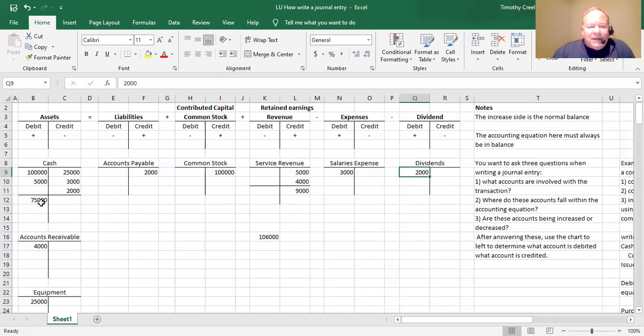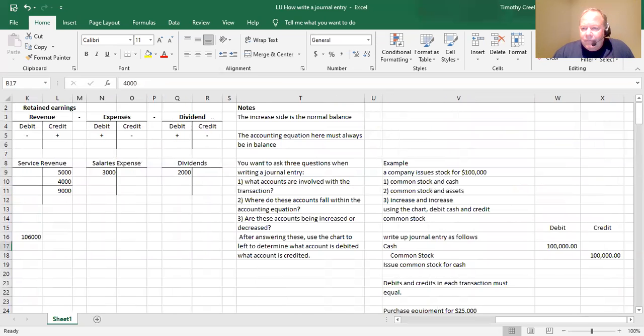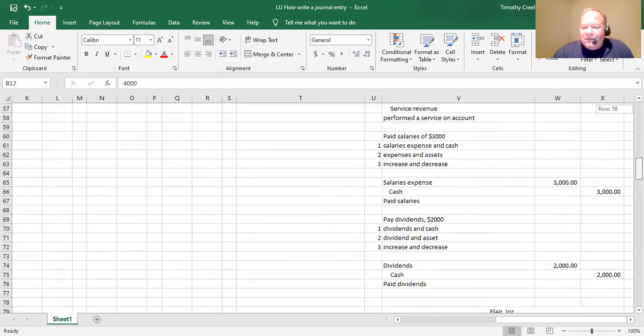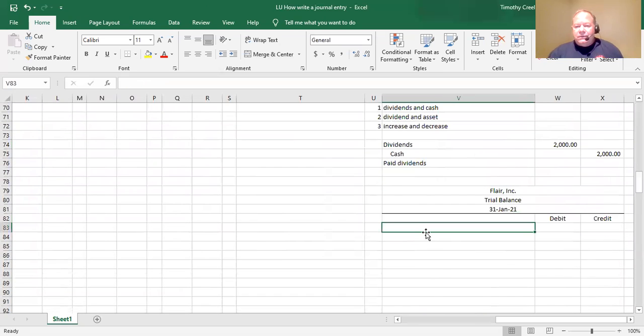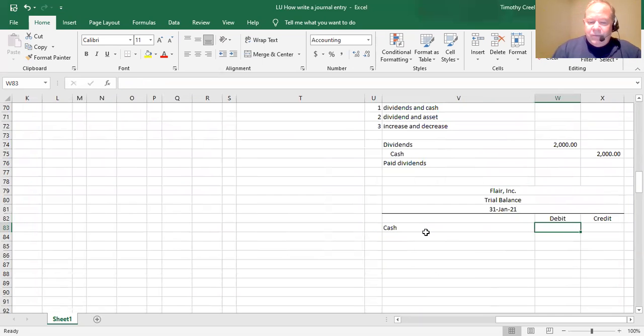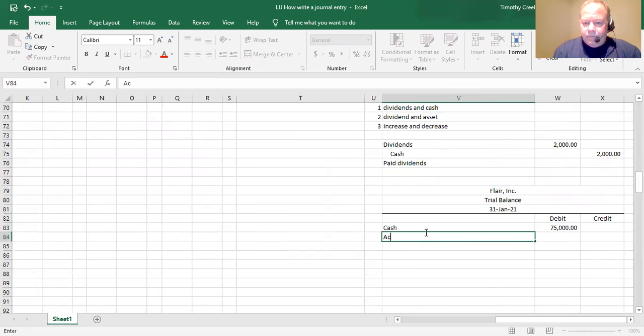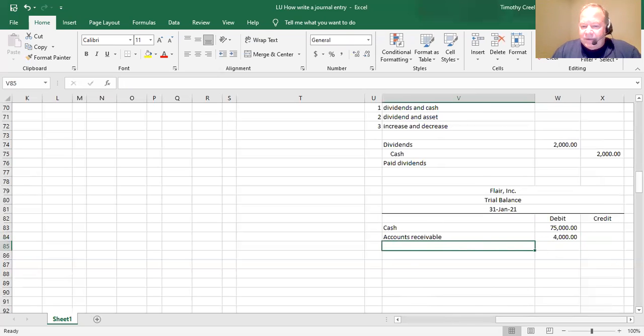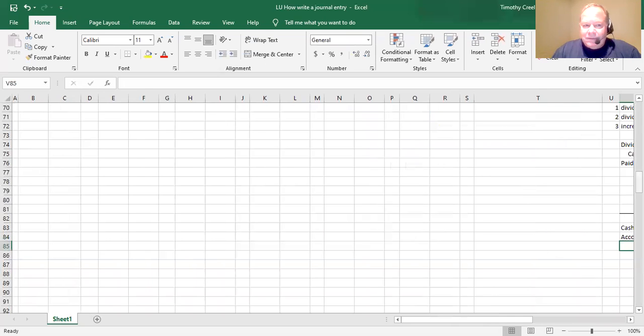So let's start taking some of these balances. Cash is 75 and accounts receivable is 4. So let's just start bringing over some of the balances. Cash would be 75 and accounts receivable would be 4. And now let's go over and get a couple more balances.